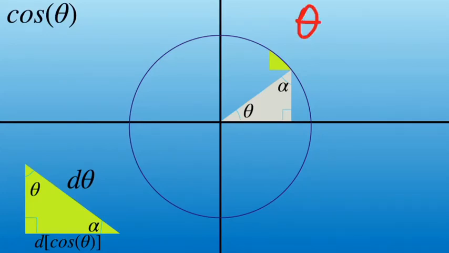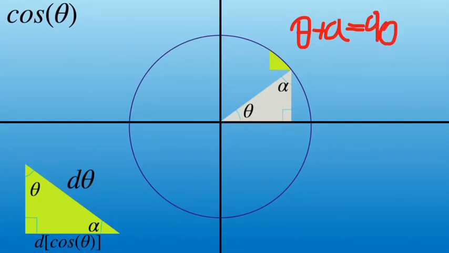Because here, theta plus alpha plus 90, theta plus alpha equals 90, right? So theta plus alpha minus 90 equals 0.